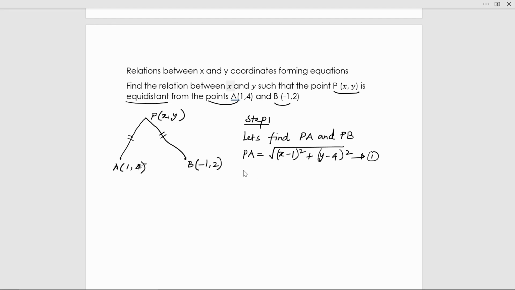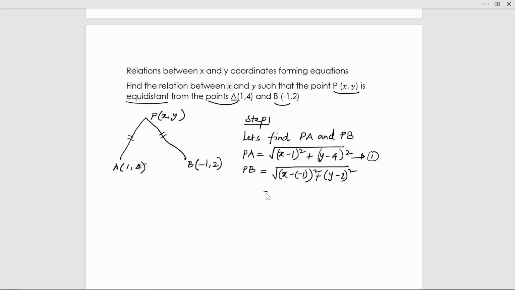Similarly, if we frame PB, we can write PB as the square root of (x minus minus 1) square, because B is -1, plus (y minus 2) square.